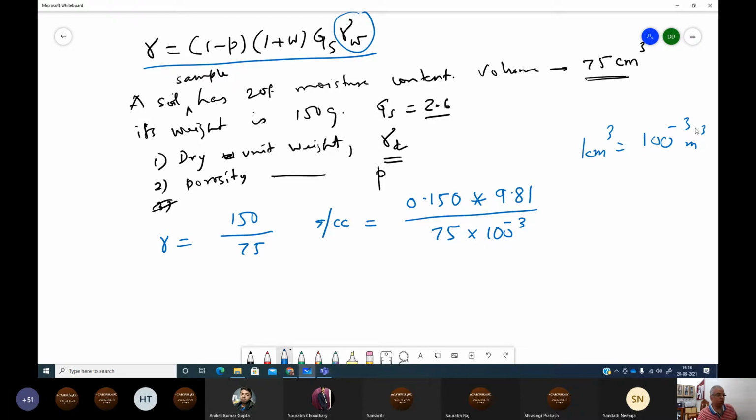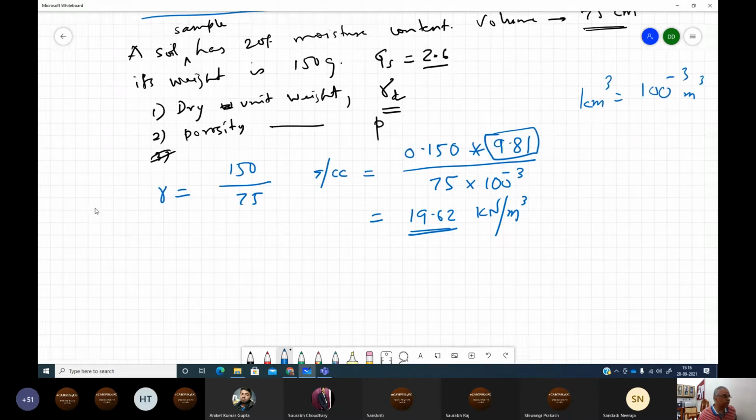Okay, so this one is also fine. This one will give you 19.62 kilonewton per meter cube. You can see here it is not exactly 2 because of this one. Okay, so it is 19.62 kilonewton per meter cube.